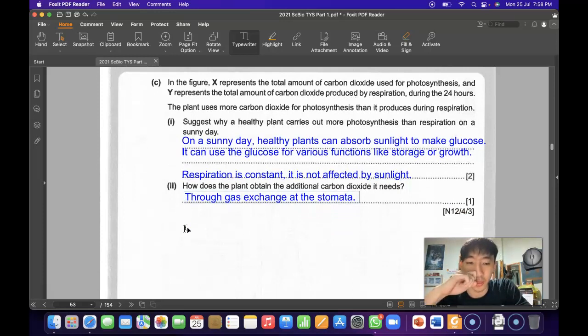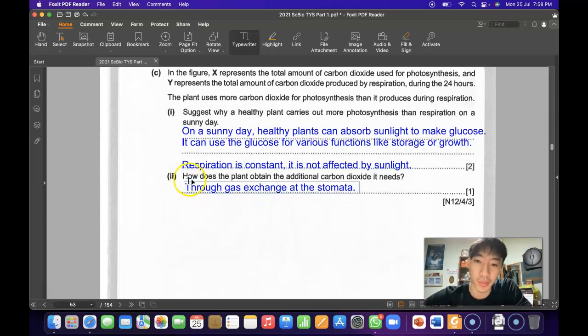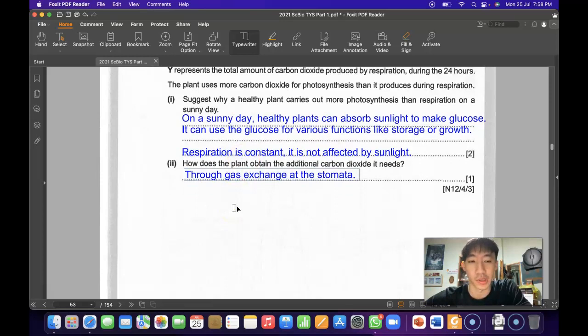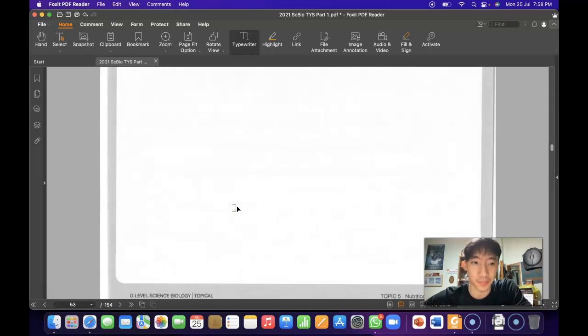We have learned that the stomata is where the carbon dioxide will enter and where the oxygen will leave. We are exchanging carbon dioxide from the outside atmosphere with the oxygen that was already in the leaf, so they are exchanging places. The phrasing is a bit weird though, the word how makes it kind of weird. But actually it's just the stomata lah.